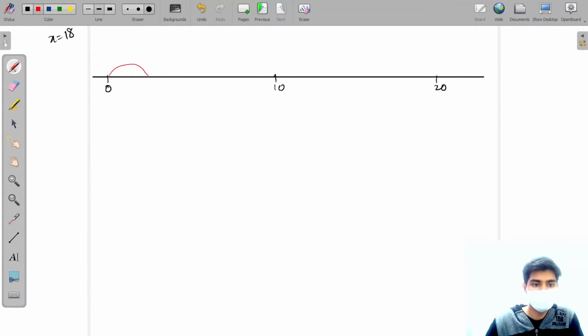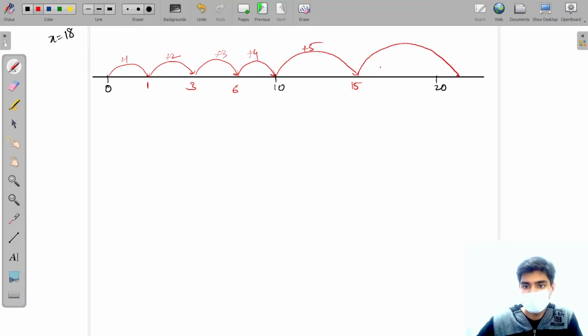I take a jump of +1, I get to 1. +2, I get to 3. +3, I get to 6. +4, I get to 10. +5, I get to 15. I take a jump of +6 and I get to 21, and my destination is 18. This is my x.